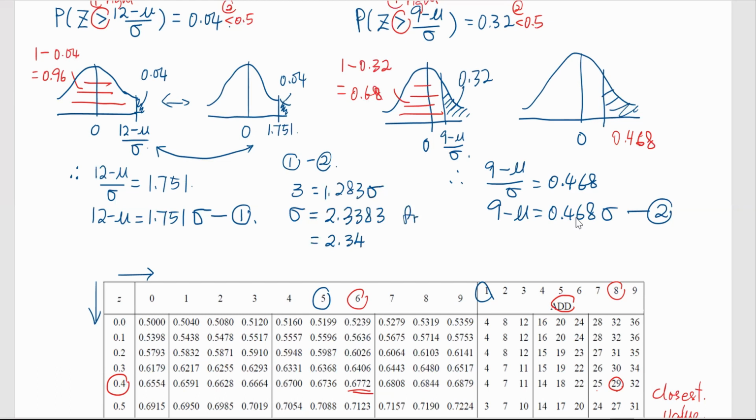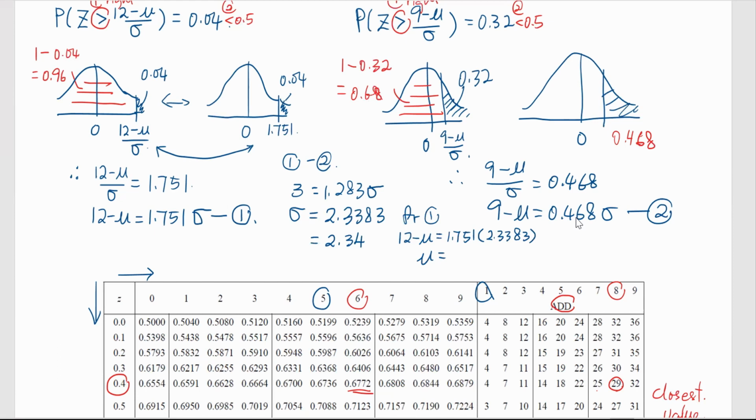Then from the first equation, to find the mu, we have 1.751 and we substitute in the sigma value found, 2.3383. And finally, we get the value of mu, 7.9056.